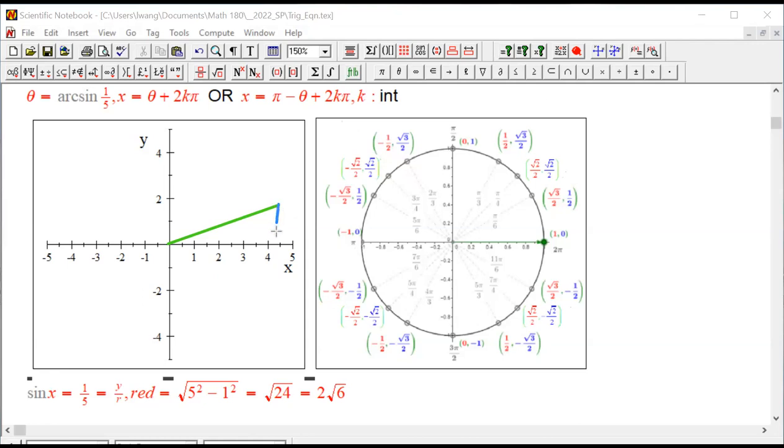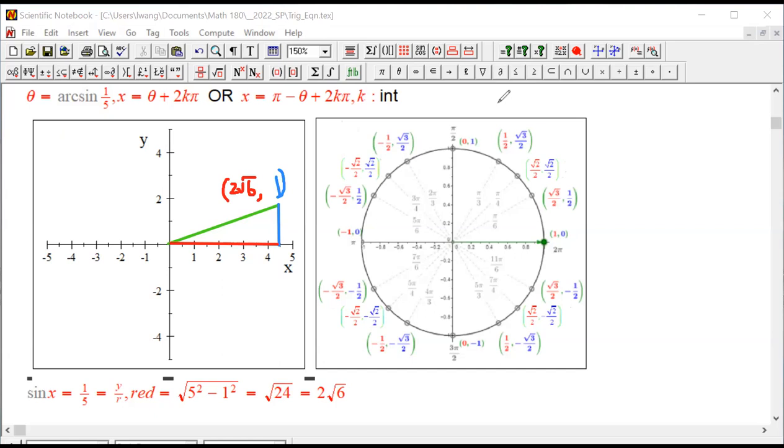This is the 1. And this is the red. The red is 2 times root 6. So this point is 2 times root 6, comma, and the blue is 1.